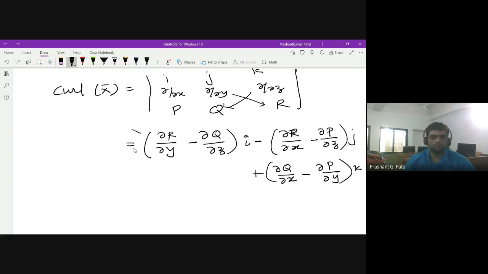That is the curl. So what is x bar dot curl of x bar? The x bar is PQR, so take the dot product of this with PQR.